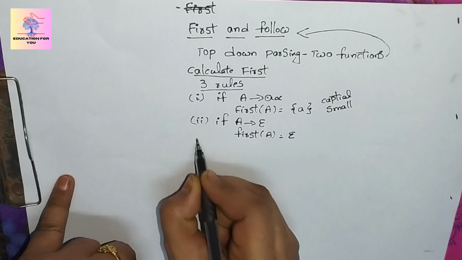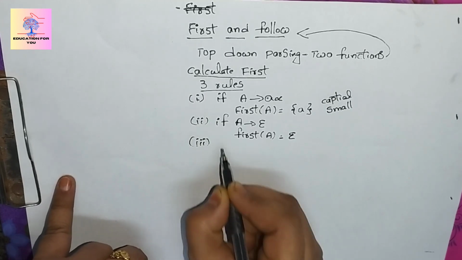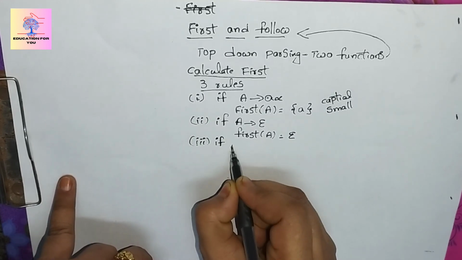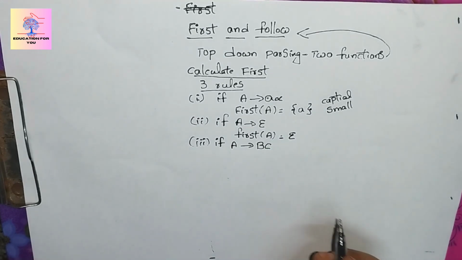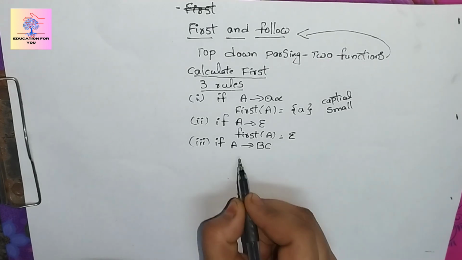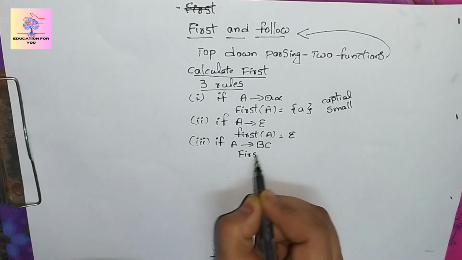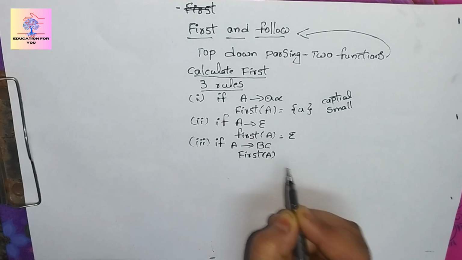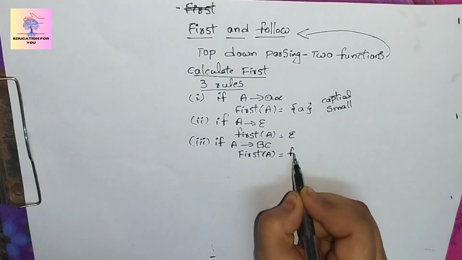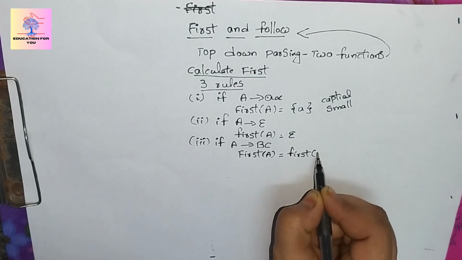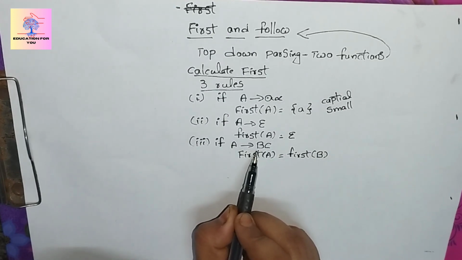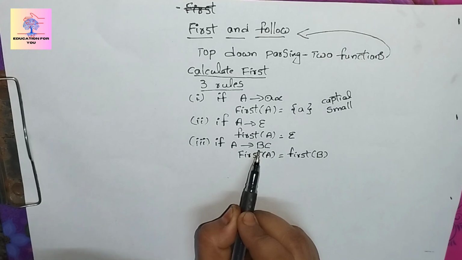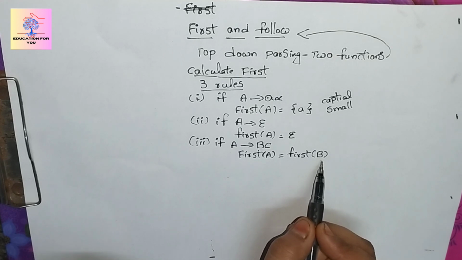Now the third rule is: if A produces BC, then first of A can become first of B. Here the first symbol is a capital letter, so it is also a non-terminal.